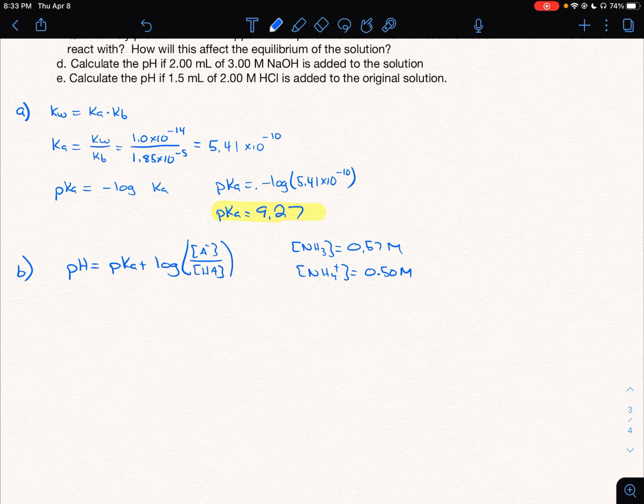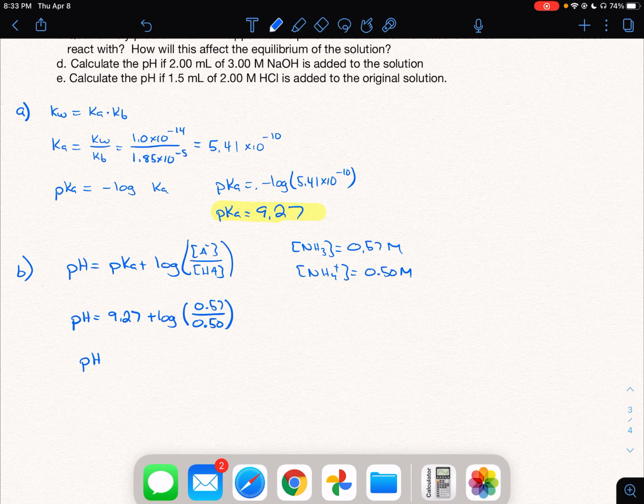So we can go ahead and plug it into our equation now and say the pH is equal to 9.27 plus the log of 0.57 divided by 0.50.